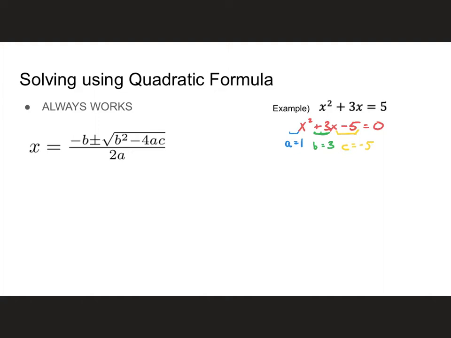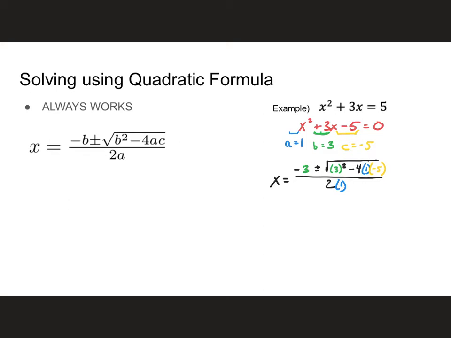Now, it's just a matter of plugging the values into my quadratic formula. So x is equal to the opposite of b, the opposite of 3, plus or minus the square root of b squared, so 3 squared, minus 4 times a times c, all over 2 times a.